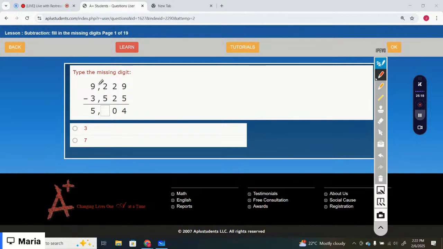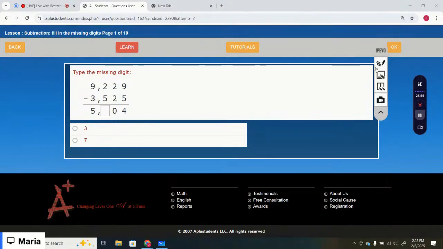You cannot subtract 2 out of 5, so you need to borrow 1. 12 take away 5, that is 7. So the missing number is 7. Option number 2 is the correct option. The correct option is option number 2, 7 it is.